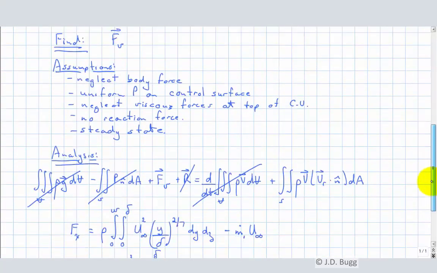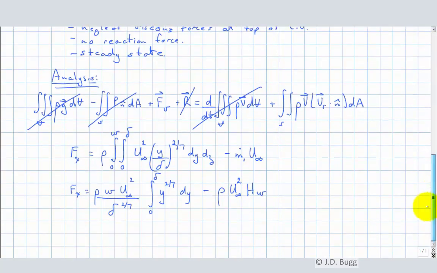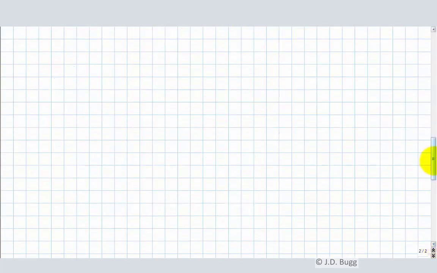But the mass flow rate in this we can put down as rho times the velocity, u infinity, times the area, which is h times w. So all of that stuff is the mass flow rate. So density times the velocity times area. But then we need to multiply it by velocity again. So I'll just put a squared there to get that. So that's our expression for the force in the x direction due to viscosity.